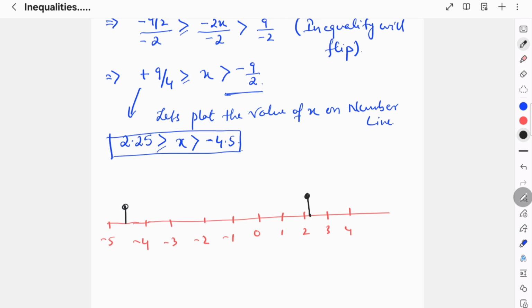So our x is less than 2.25. So the value of x will be moving towards the left hand side from 2.25. So we'll have to take 2.25 and all the values which are less than 2.25.